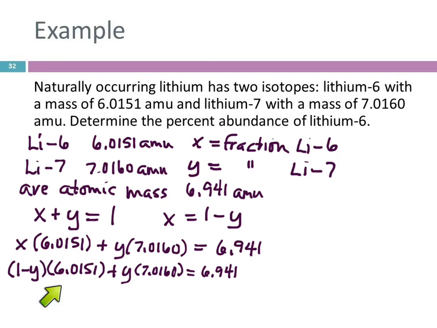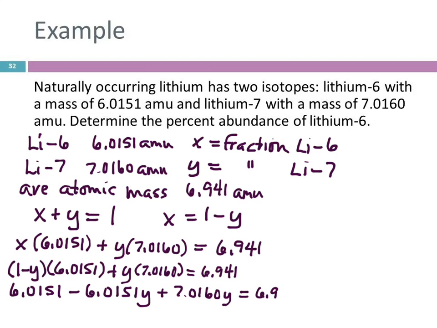So now I'm going to simplify this and try to isolate y. So I have to distribute this. So I'm going to get 6.0151 times 1, which is 6.0151, minus 6.0151 times y, plus 7.0160 times y equals 6.941.